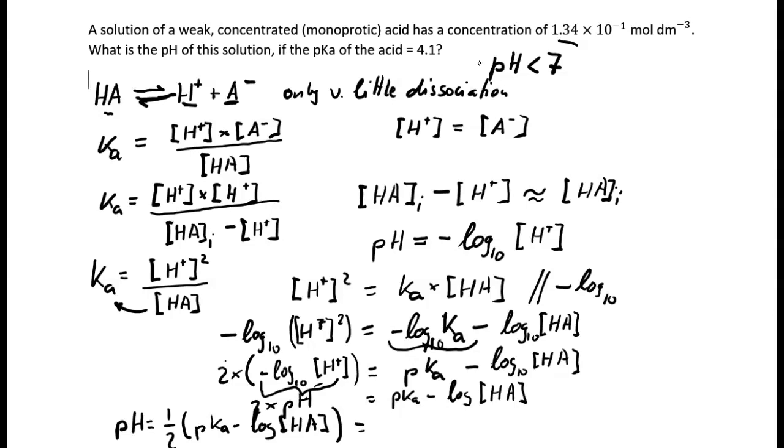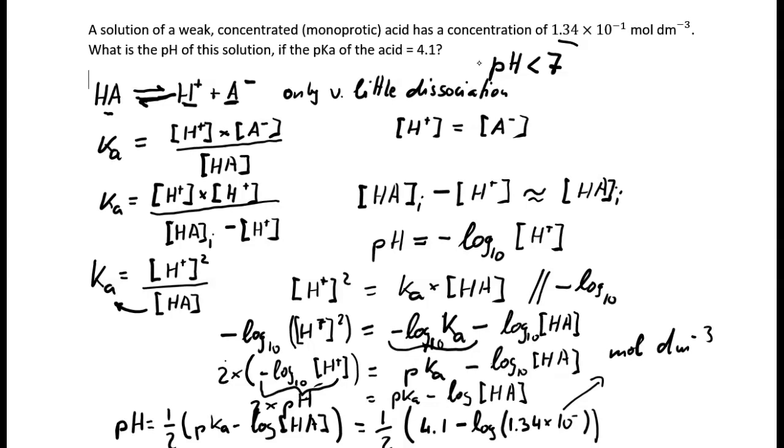And we can put in numbers, so we would have 1/2 of the pKa, we had 4.1, minus the log of 1.34 times 10 to the minus 1. We need to make sure that this is the correct unit, so mole decimeter to the minus 3, or mole per liter, or this could also be abbreviated as capital M.